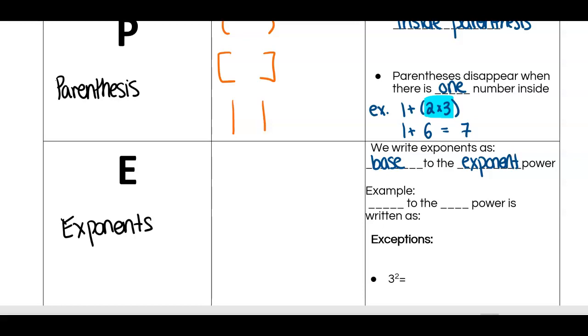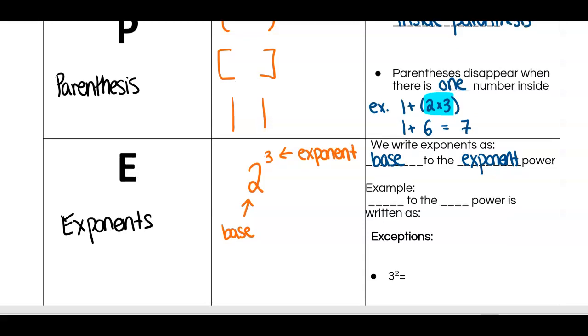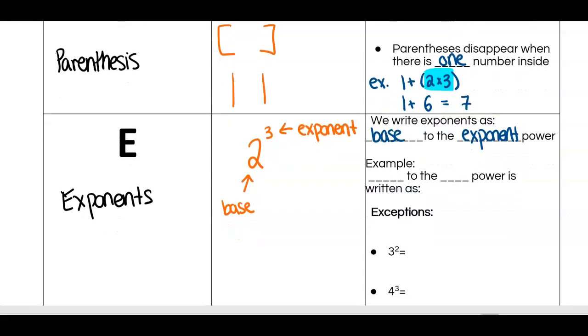So a few examples, it could be 2 raised to the third power, which is also known as something else, but I'll get to that in a moment. Labeling some vocab here, the big number is called the base. The little number is then the exponent. And an exponent just means repeated multiplication.